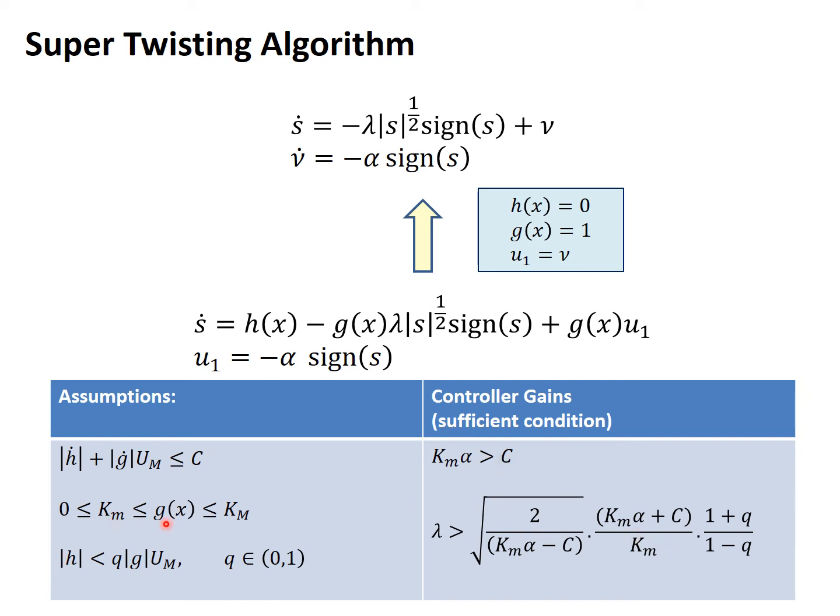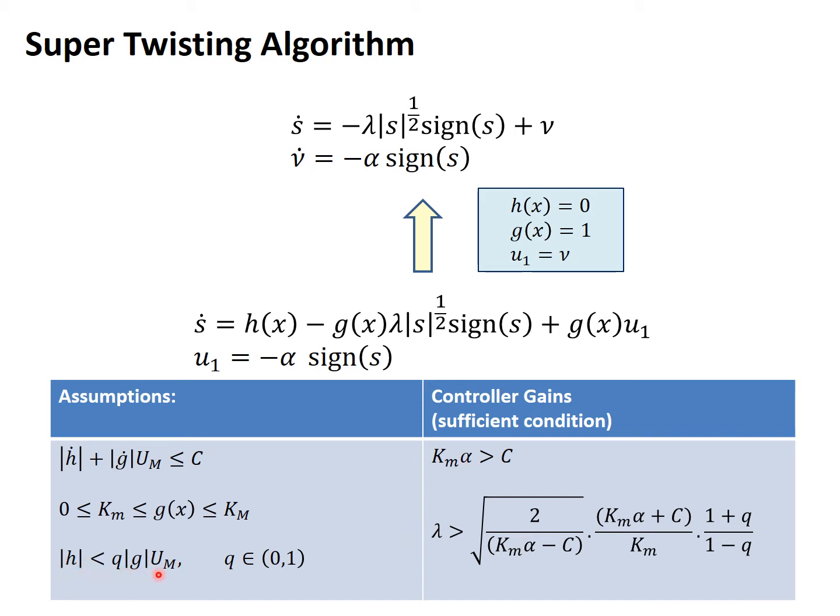So k small m must be less than 1, but you also have the condition that it should be greater than 0, so don't make it negative, because a negative km will give you a negative alpha, which is not the case that we are considering. We have a positive km and positive alpha.